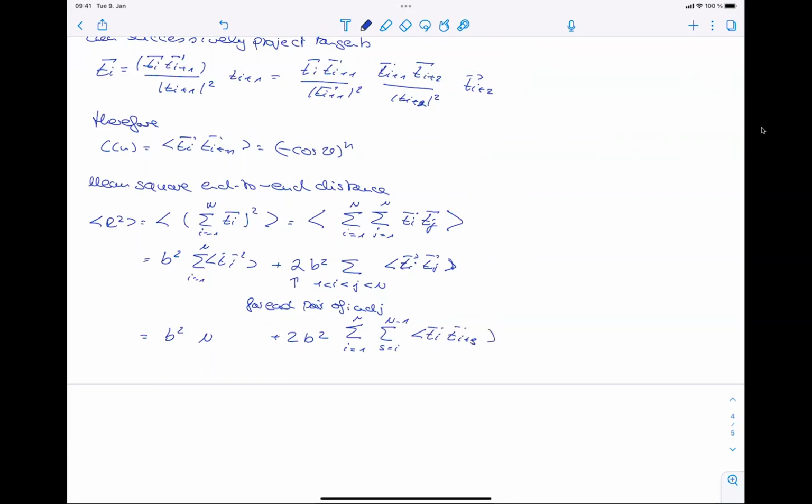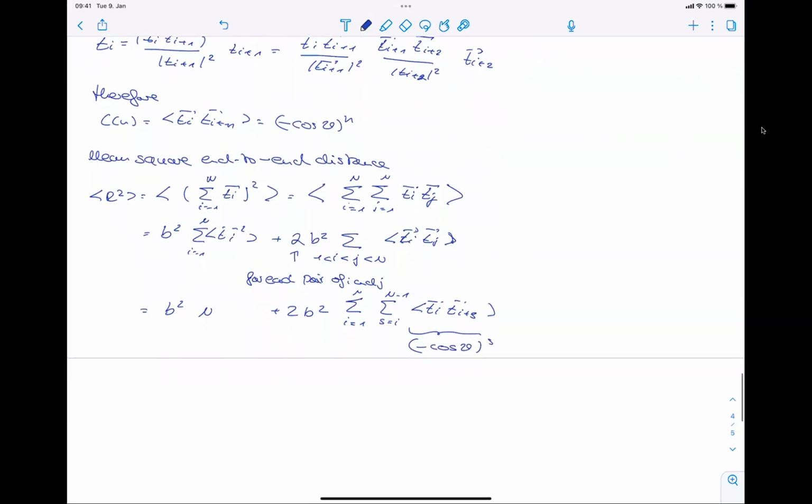And I rewrote this tangent-tangent correlation in the form of how we know the result, namely as a function of the amount of bonds in between them. And so we here now know that this is indeed minus cos theta to the power of s. And then we again just copy this down, bn plus 2b squared.